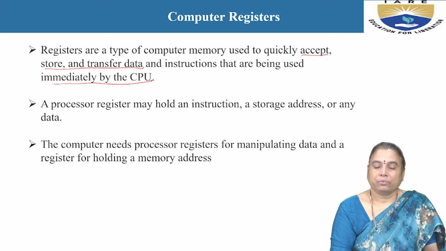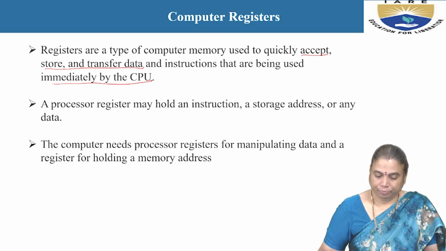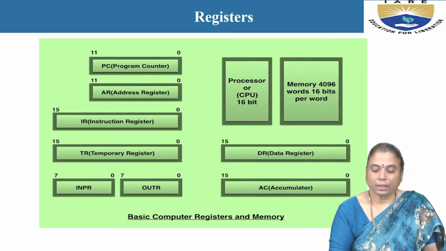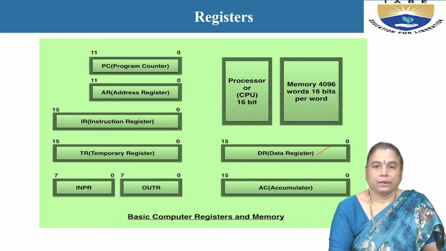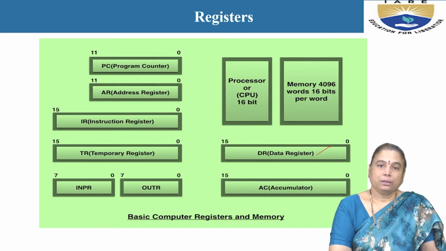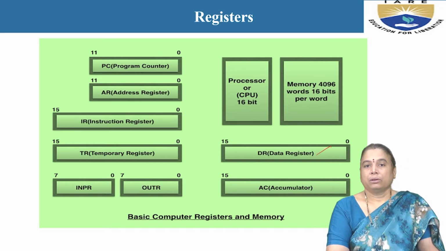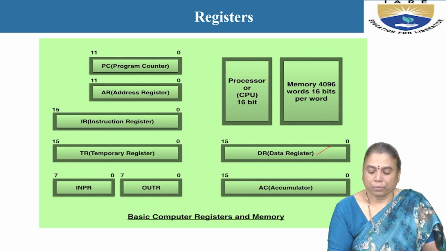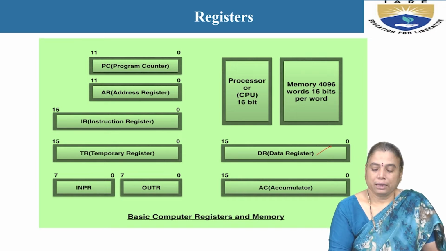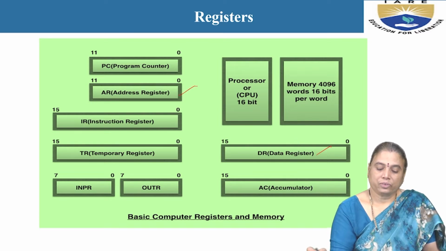Various categories of registers are available. They are the data register. The data register holds the data that can be used for processing, and it is generally associated with the address register.